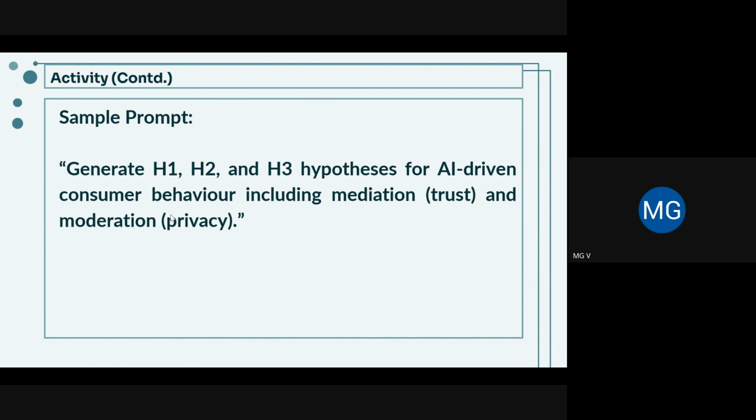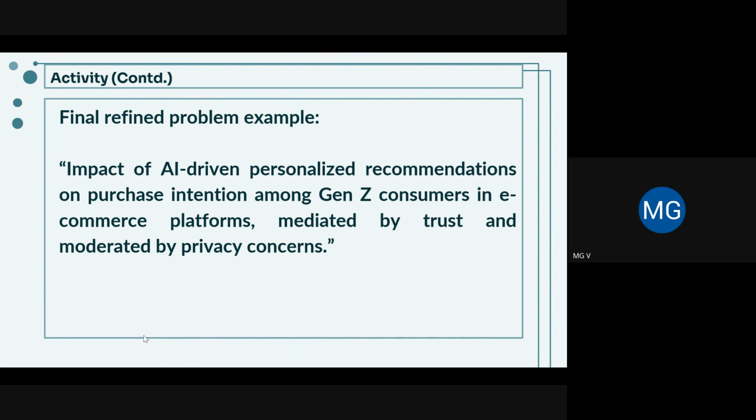So the sample prompt is generate hypothesis 1, 2, and 3 for AI-driven consumer behavior, including mediation, trust, and moderation, privacy. Right? So what will be the solution that we expect? What will be the hypothesis that will be generated?